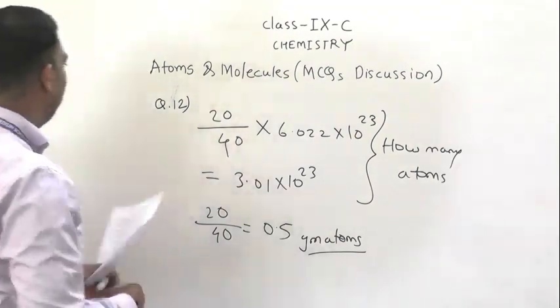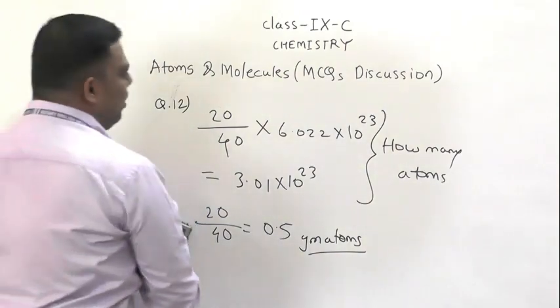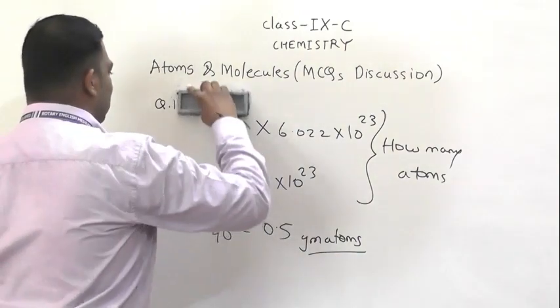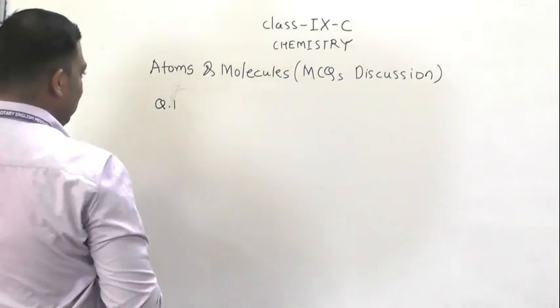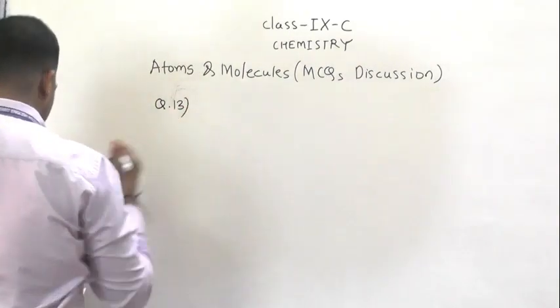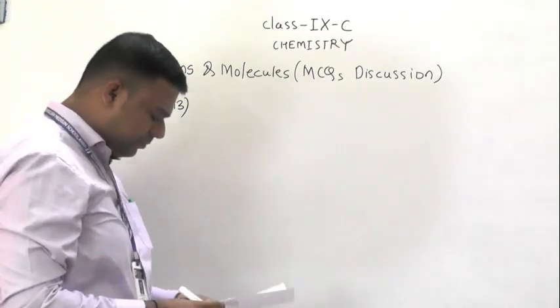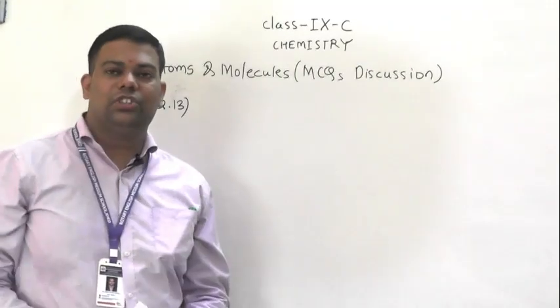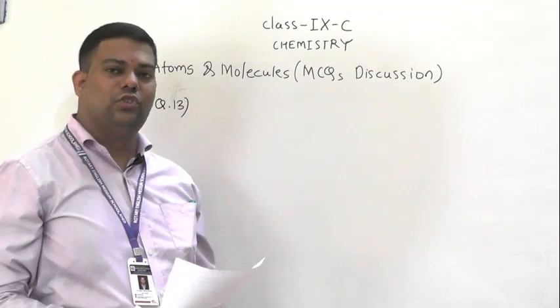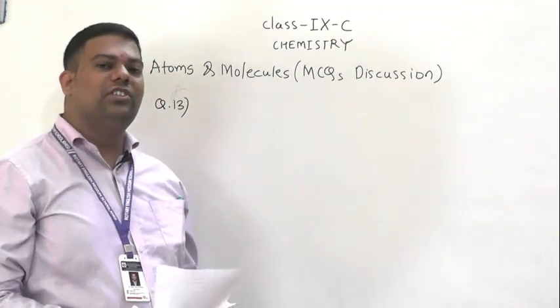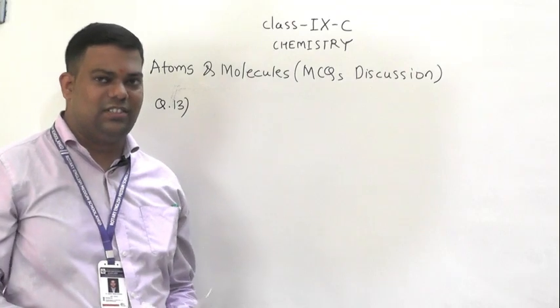So after this, question number 13 we will discuss. For this, what we have to do? This question, whatever question 13 is going to come, we discussed so many times.